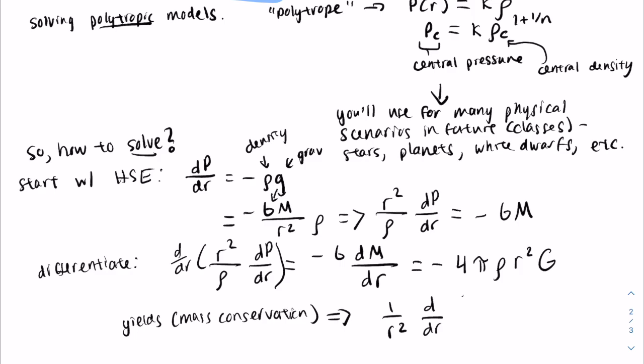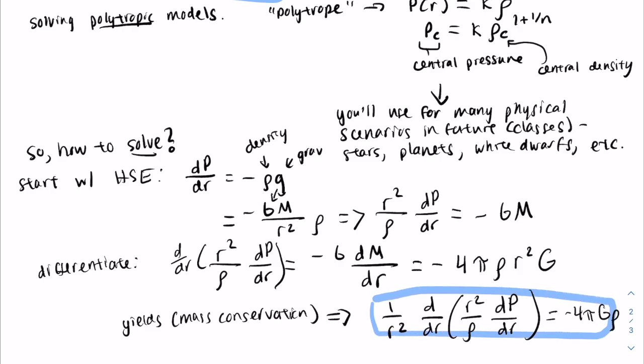And the final expression that we get out of this is going to relate the pressure gradient to 4 pi G, the gravitational constant, times the density. And density and pressure are both functions of r here.